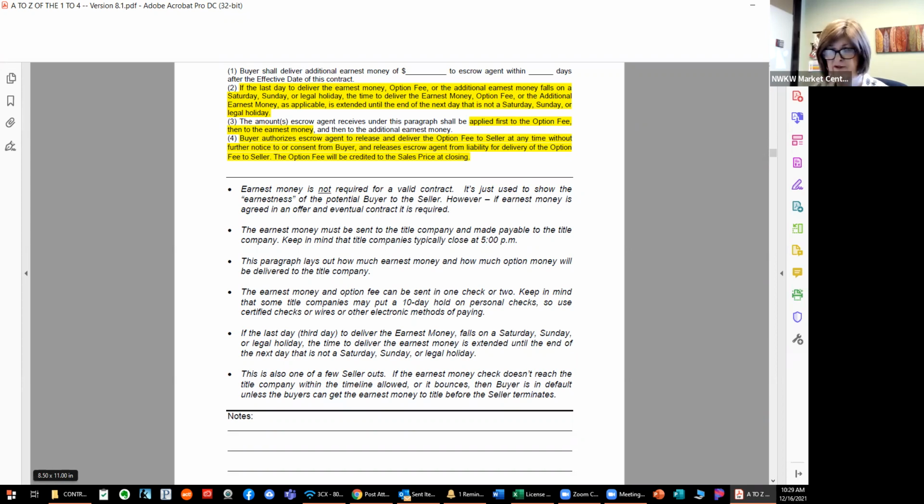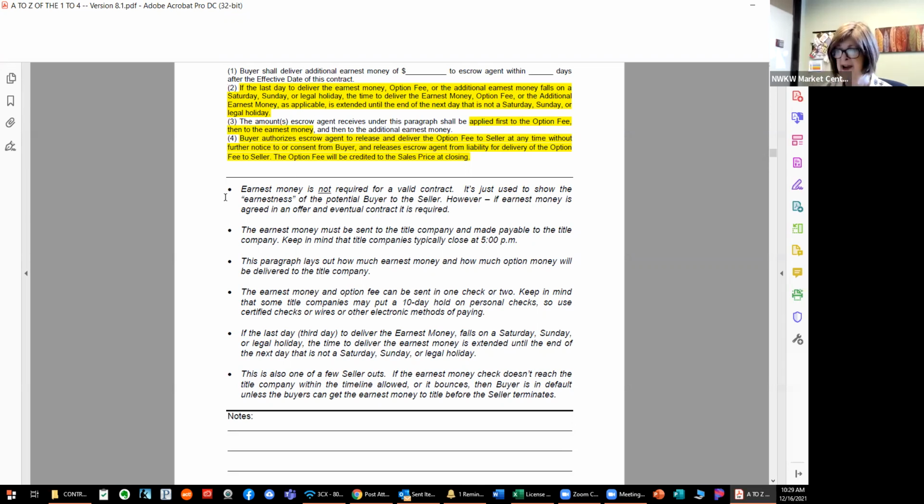So you don't want that to affect anything. So either use the system that they have, I forgot the name of the one they're using now, but title companies are taking it electronically as well as certified checks, which doesn't take longer, it's just a little more old school.